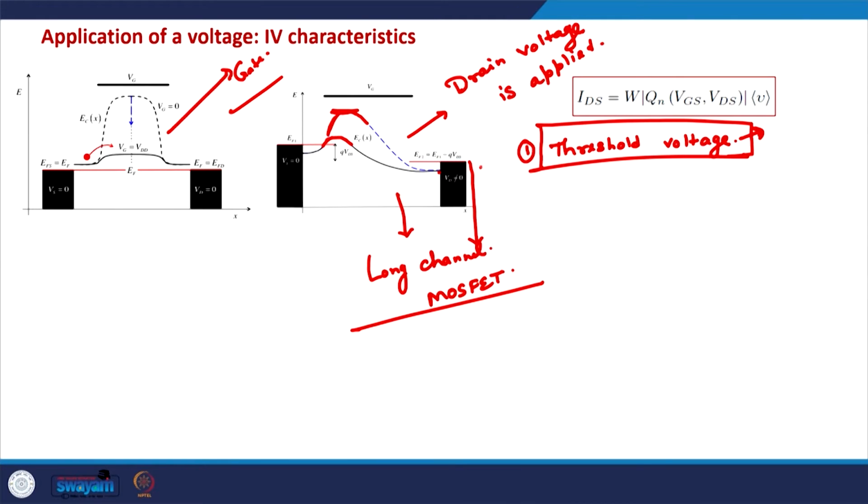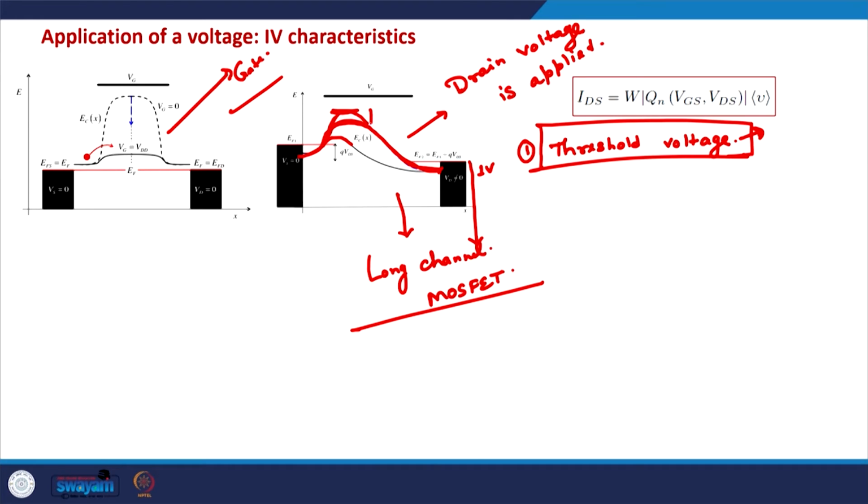Okay, but in modern MOSFETs, especially in sub-micrometer MOSFETs, when the channel length is short, what happens is, if for example 1 volt is applied on the drain side, the electric field in the channel is so high that even this barrier is reduced, or the electric field can impact the barrier up to the source side actually.